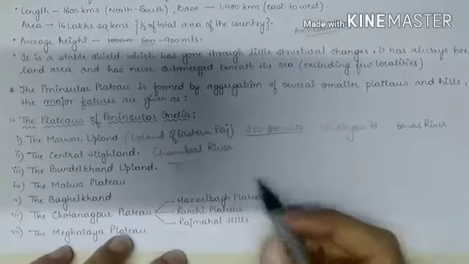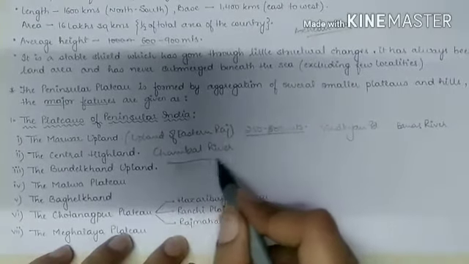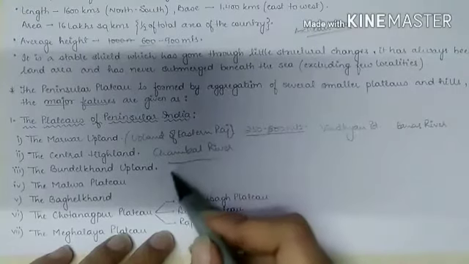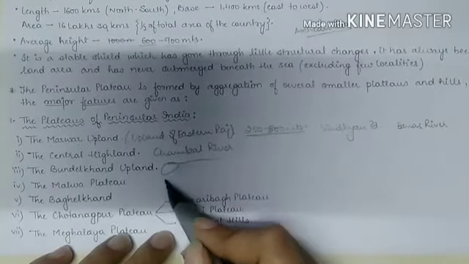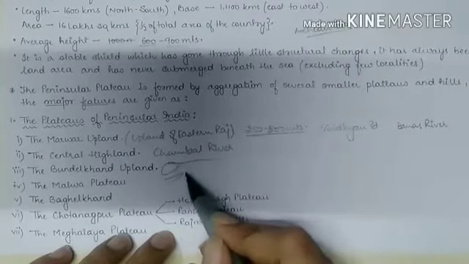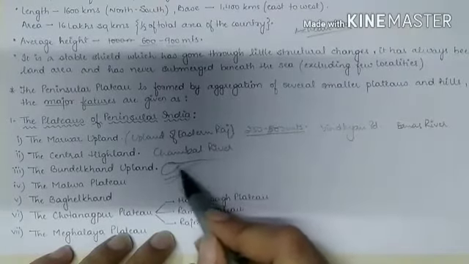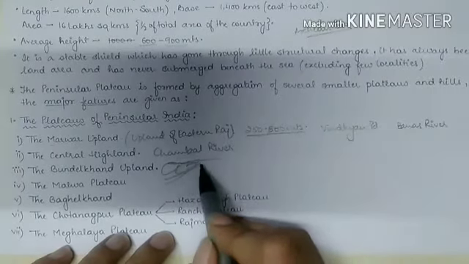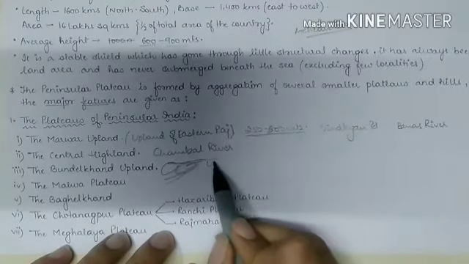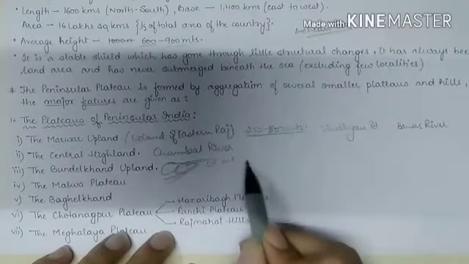So it is like the Yamuna river is going here. Then we have the Central Highland, and then we have the Vindhyan ranges and its scarpland. It borders it. Okay, so here we have Bundelkhand upland, which lies in UP and MP.